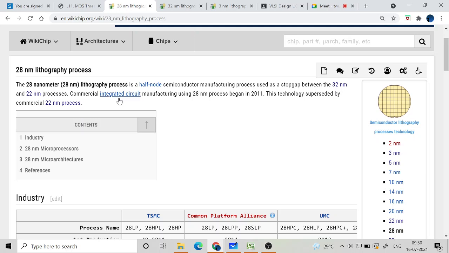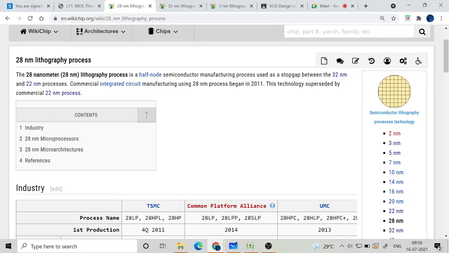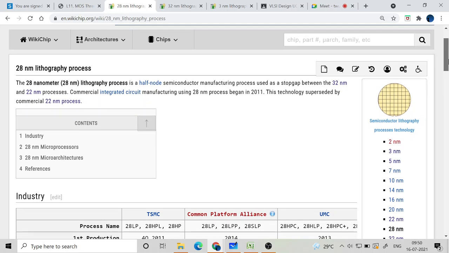So 32 to 22 nanometer became almost impossible. They made efforts for some time, but ultimately succeeded with 28 nanometer. They couldn't succeed with 22 nanometer. So this was the last node where the conventional MOSFET was used.